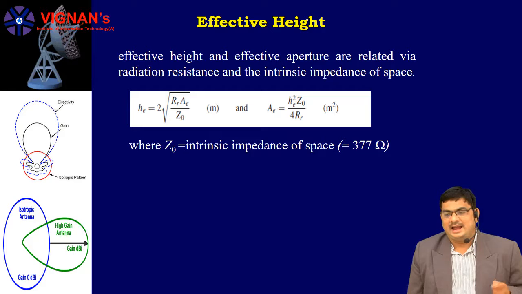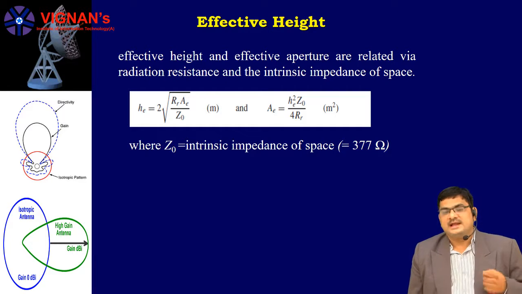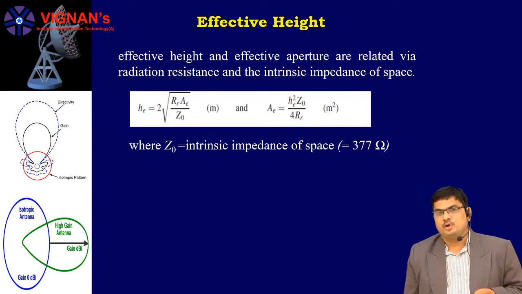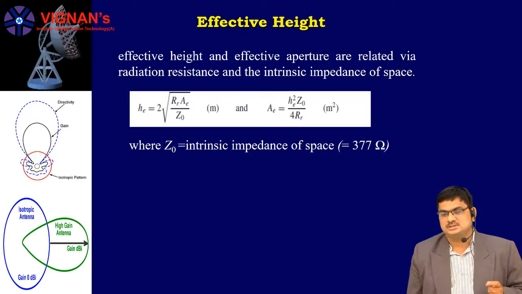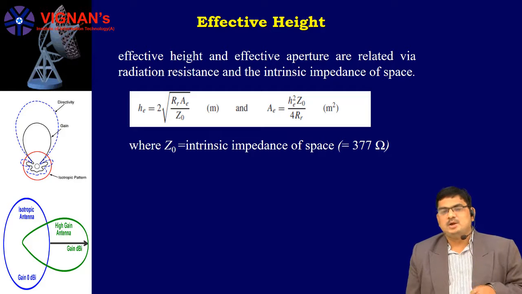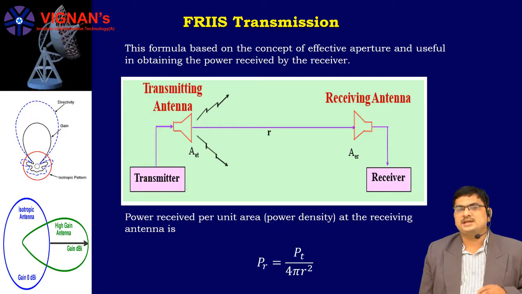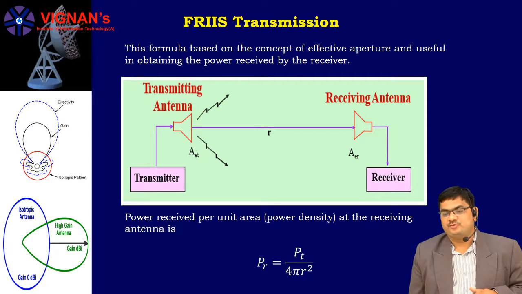And the effective aperture AE equals H square into Z0 by 4 pi r. So this is the formula of effective height and effective aperture with relation to radiation resistance and the intrinsic impedance. And the last topic is the Friis transmission formula.